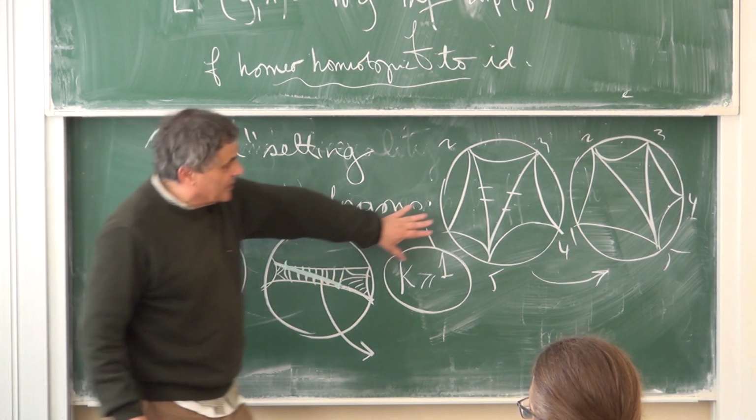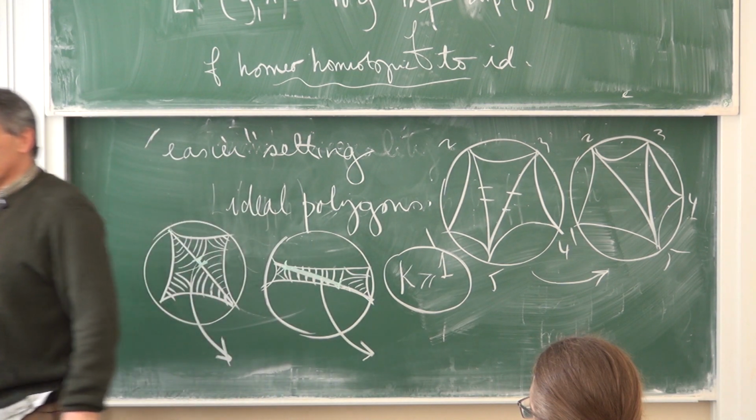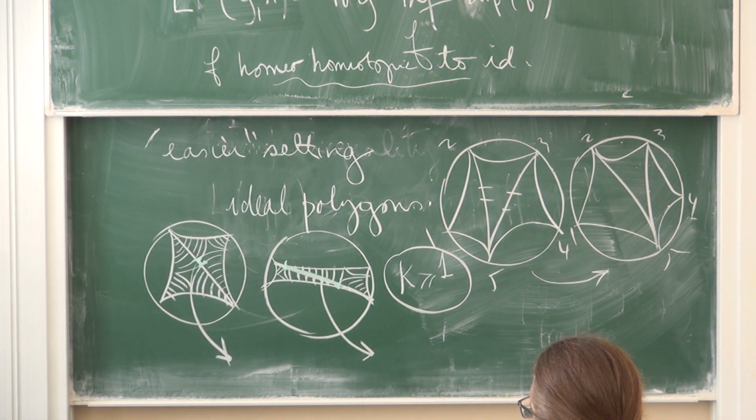Here it's much more complicated. Yes? It could be negative. Well, you have to take absolute values. You're right, I'm simplifying. Actually, you don't need orientations. If it's 0, then you cannot do anything.